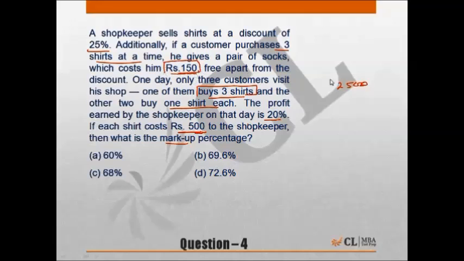So his total cost is 2650. And his profit is equal to 20%, which means he has earned a profit of 530, which is 20% of 2650. So his selling price was rupees 3180. And we need to now find the markup price.